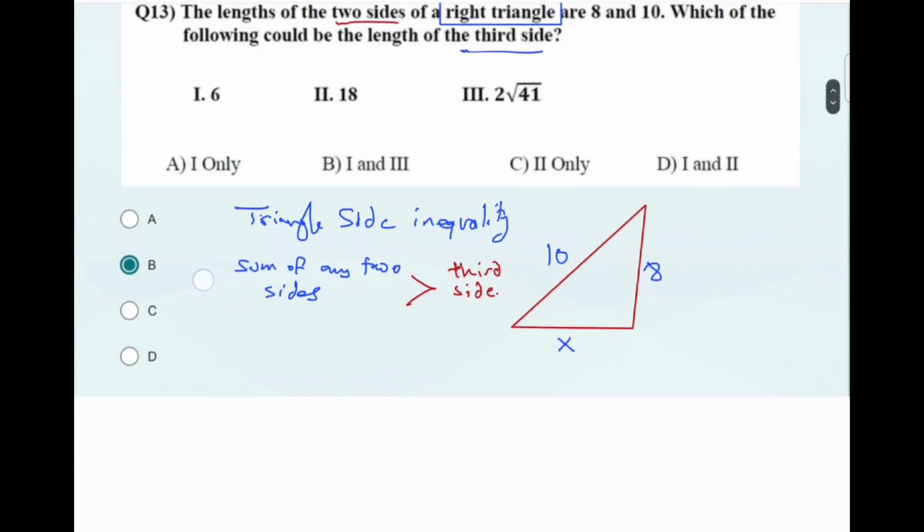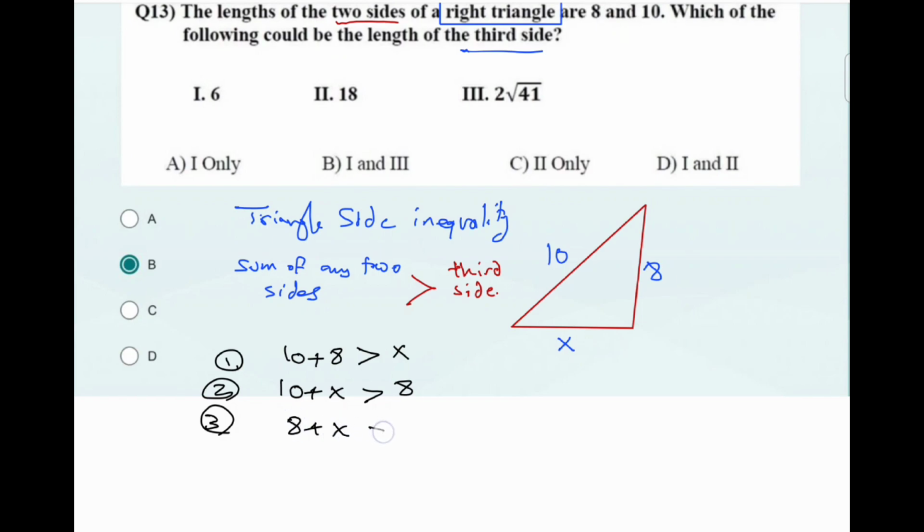So we can form three inequalities. First, 10 plus 8 must be greater than x. Second, 10 plus x must be greater than 8. And third, 8 plus x must be greater than 10.